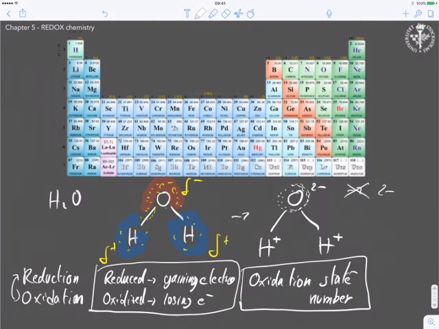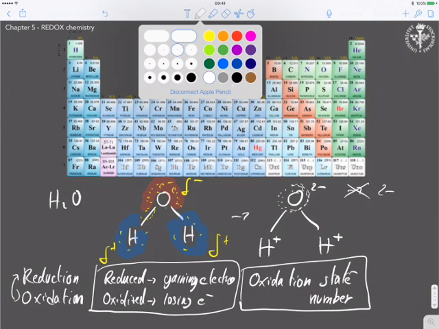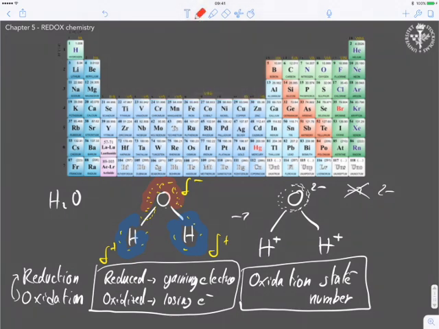In this case, hydrogen here is oxidized because, let's use a different color here to see that, the electrons are moving from the hydrogen toward the oxygen.